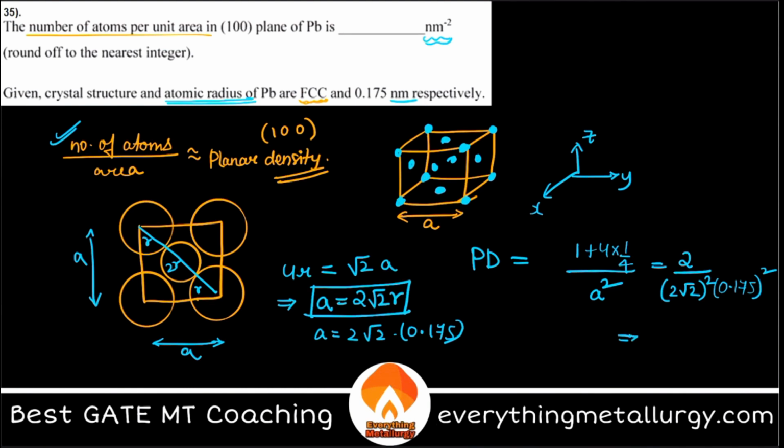What you will be getting is 1 by 4, because 2 and 2 get cancelled, and 0.175 square. You can easily do it, and you get 8.16 as your answer. 8.16 per nanometer square is your answer.